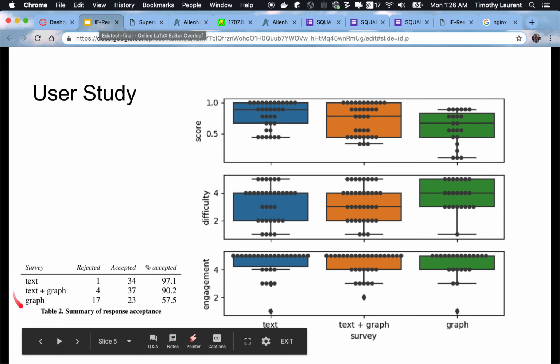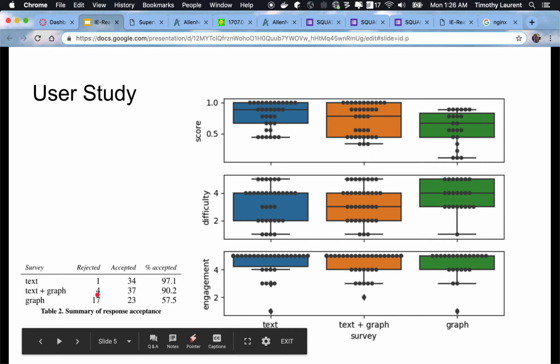So down here we can see the survey acceptance rate. With just text, 97% of those who started the survey finished it, and with text and graphics, 90.2% finished it. This is just rejected.